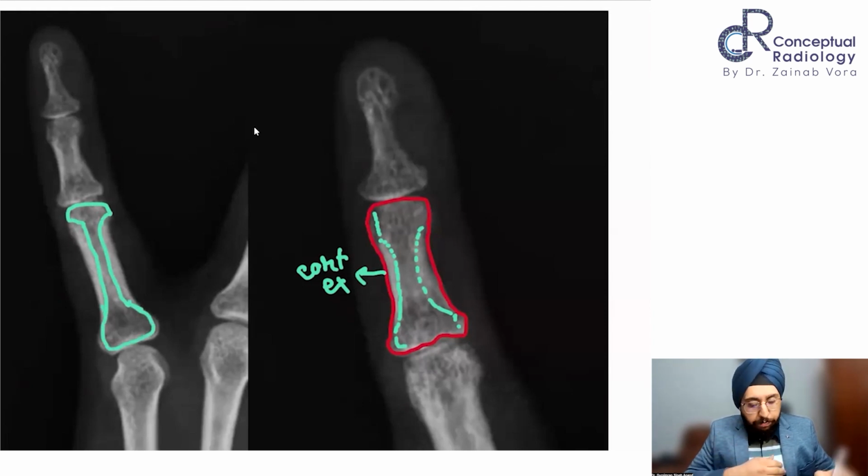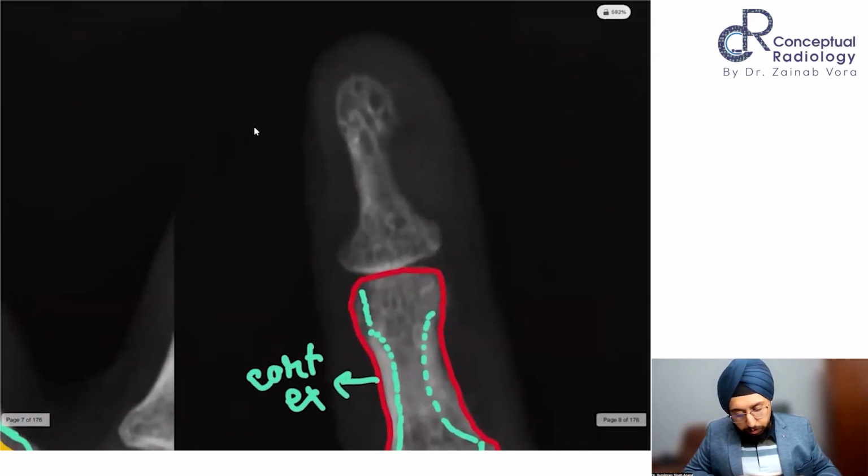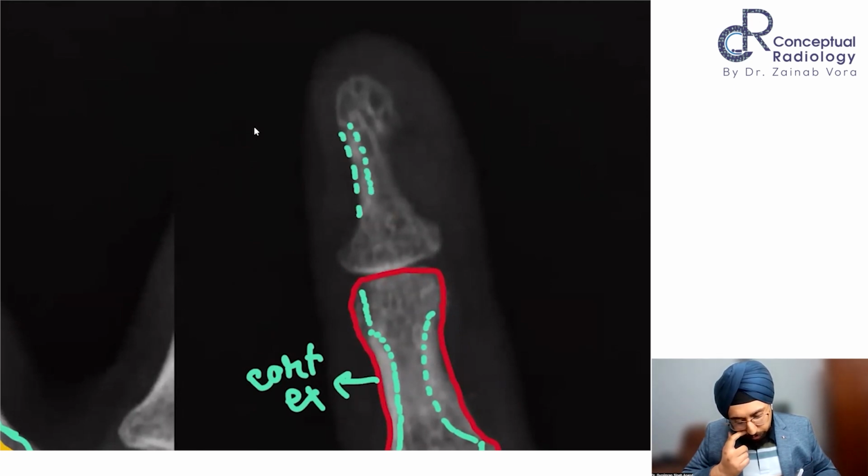towards the head and the base of the phalanx, and this yellow part is actually the medullary cavity. Okay, so what we are appreciating here is that on this end, the cortex is absolutely fine. Okay, but you're not able to see the cortex on this side.